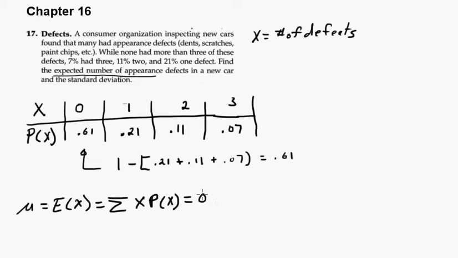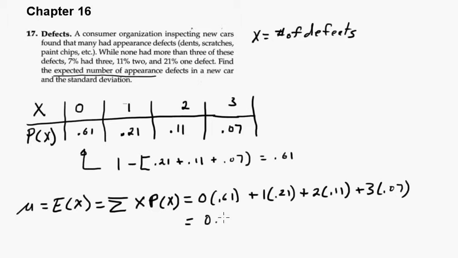So it's 0 times 0.61 plus 1 times 0.21 plus 2 times 0.11 plus 3 times 0.07. And that comes out to be 0.64 defects.